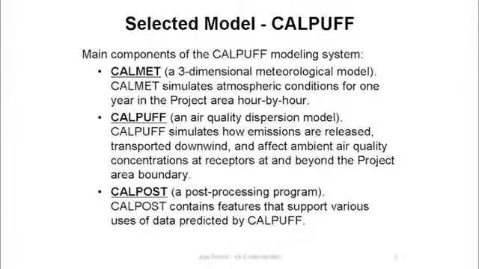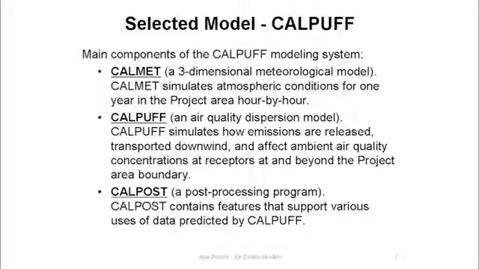There's three components to the CalPUF modeling system. I'll just cover them quickly. There's CalMet, which is essentially the processor that builds the three-dimensional meteorological data set that tells the model where to push emissions.